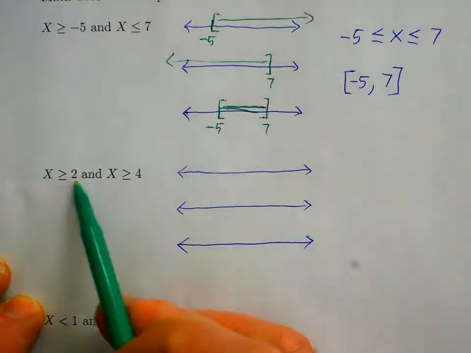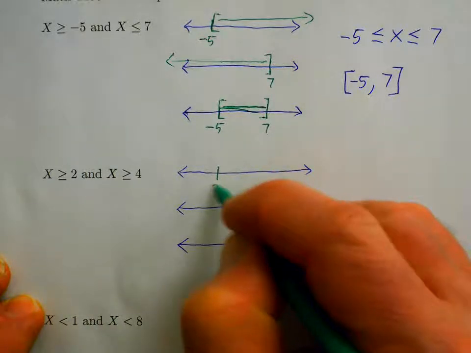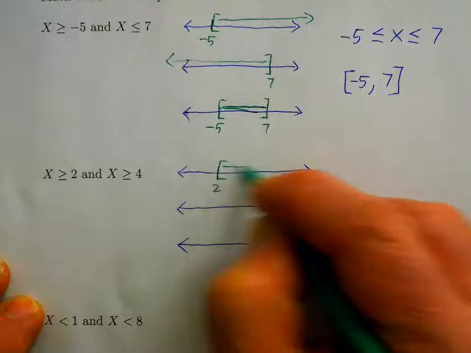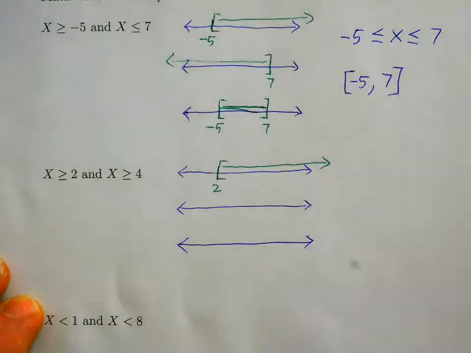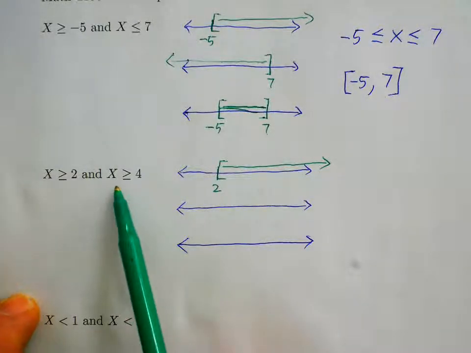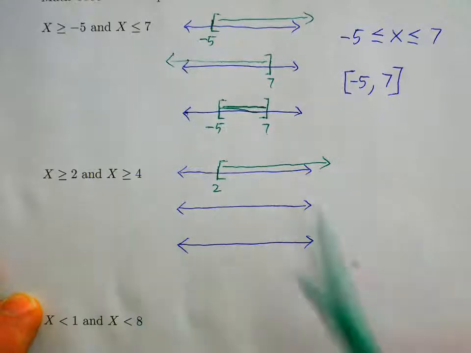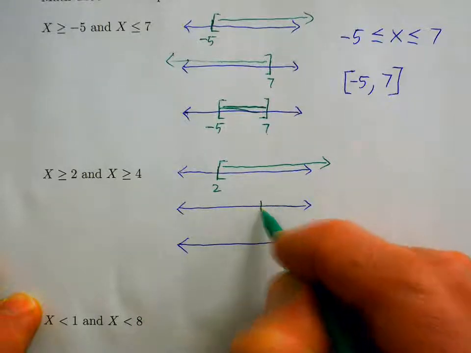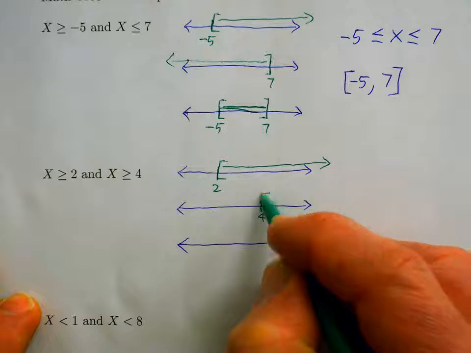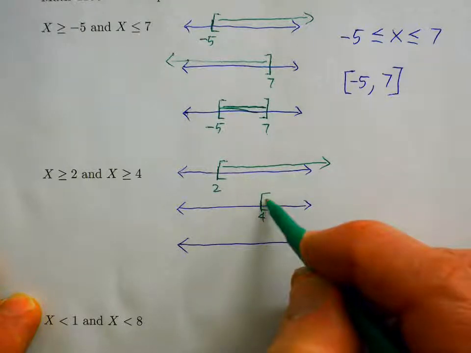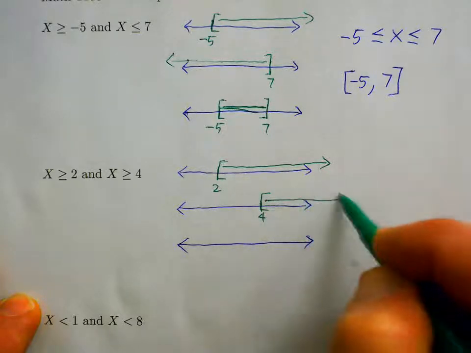X is greater than or equal to 2, so we start at 2, put a bracket, and shade to the right. The other inequality, x is greater than or equal to 4, so 4 is to the right of 2, but since it's greater than or equal, we shade to the right.